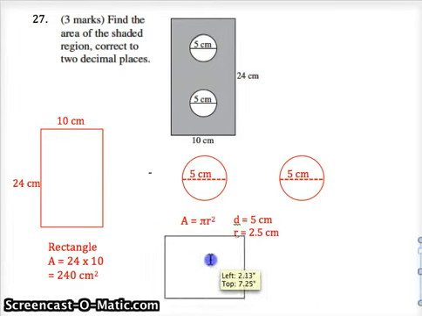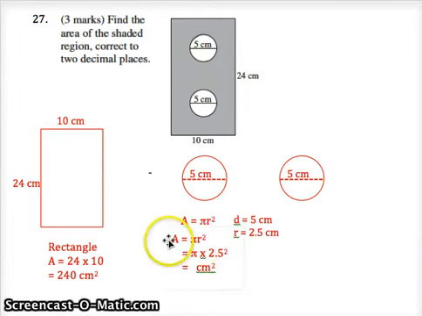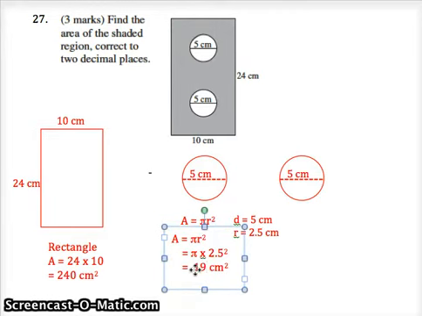So therefore the area of one of the circles is area equals pi r squared, which is pi times 2.5 squared. I'll just work that out on my calculator and I get that the area of one of those circles is 19.63495. So that's the area of one of the circles.